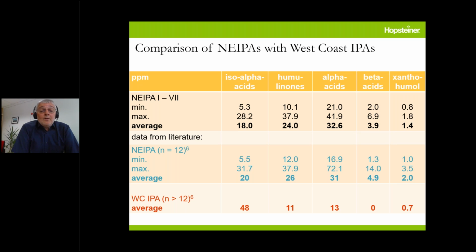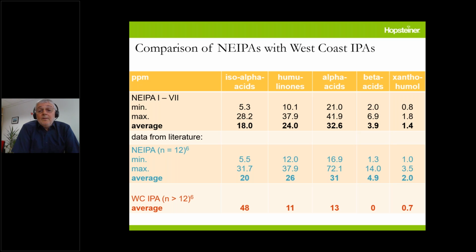Humulinones and alpha acids are lower in West Coast IPAs. This is probably connected with lower dry hopping dosing rates. And with regard to beta acids, you have the highest difference.